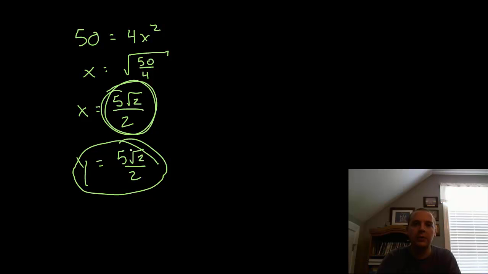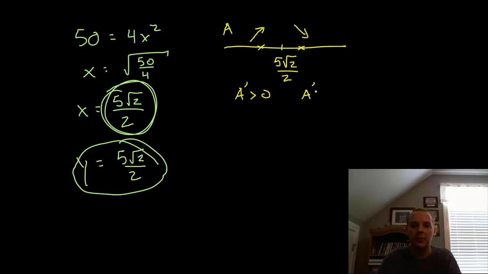Now, if you're concerned that that might give you a minimum solution, because we never really specified based off of this critical point if it was a max or a min, I'm not going to do it in this video, but what you could easily do is take this 5 root 2 over 2 number and try a sample point or a test point before and after 5 root 2 over 2 and plug that into the derivative function for A and determine that A itself is increasing before 5 root 2 over 2 and decreasing after 5 root 2 over 2, because the derivative before would be positive and afterwards would be negative.